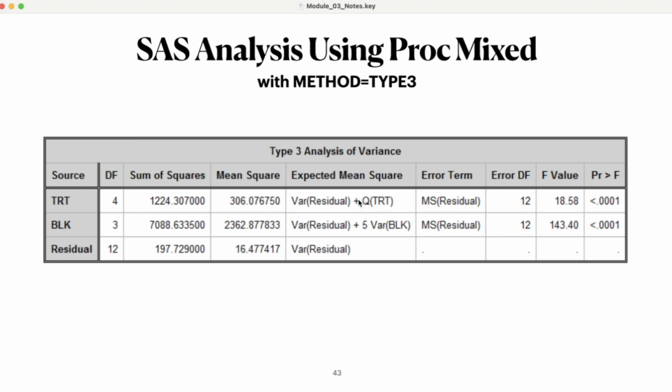It's adding a positive value here, and this is going to be 0 if and only if all treatment means are equal. And then the expected mean square for blocks would be sigma squared plus 5 times the variability of block. If you go back and compare that to what we put down in the notes, you'll see that's consistent with what we included.